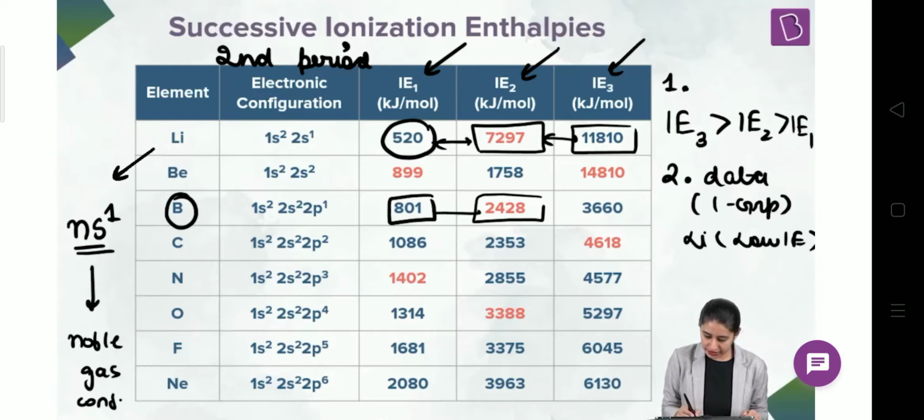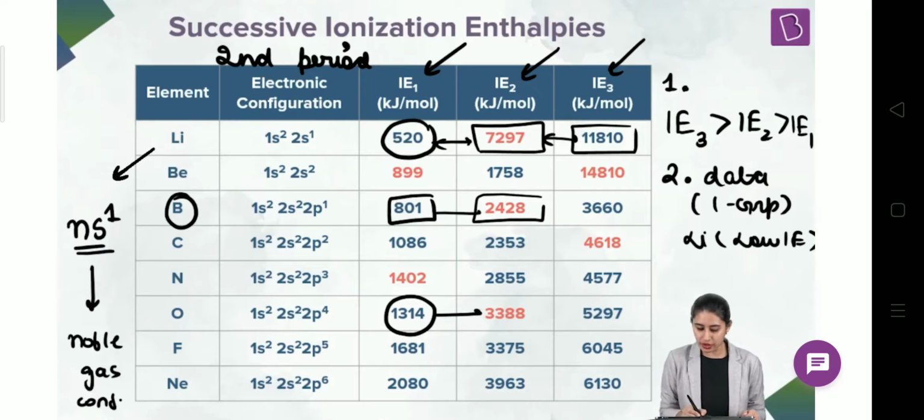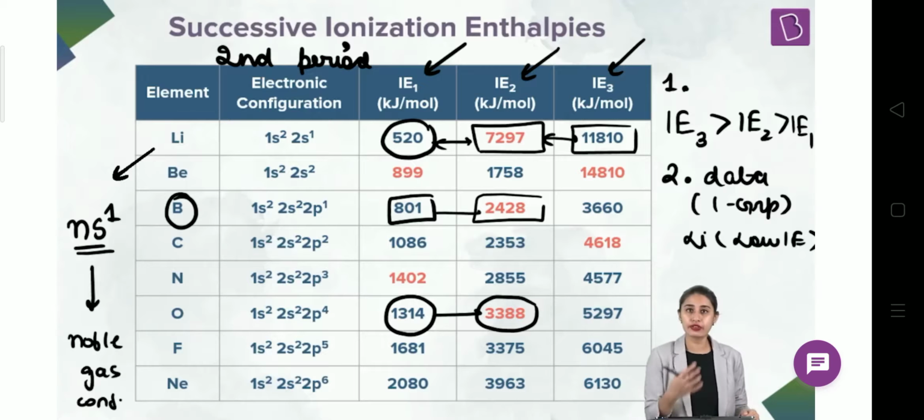Here if we are going to remove an electron, it will lead to the stable electronic configuration 2p3. But removal of another electron from 2p3 is very difficult. So wherever you see half-filled and fully filled electronic configurations, it becomes very difficult for us to remove an electron. These are very minute conclusions that I've just drawn.